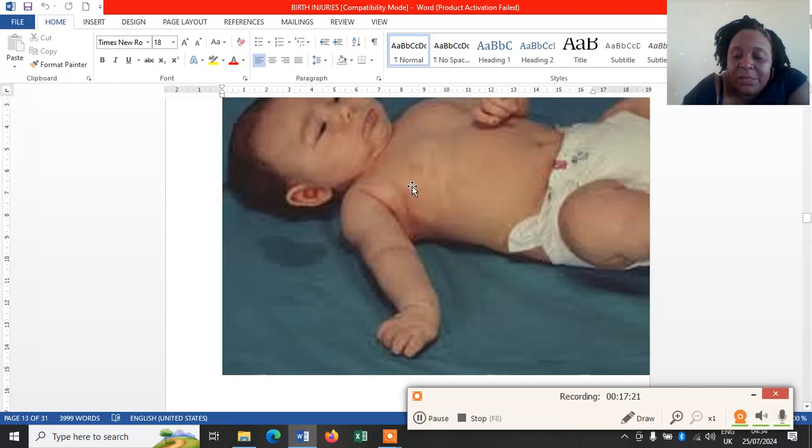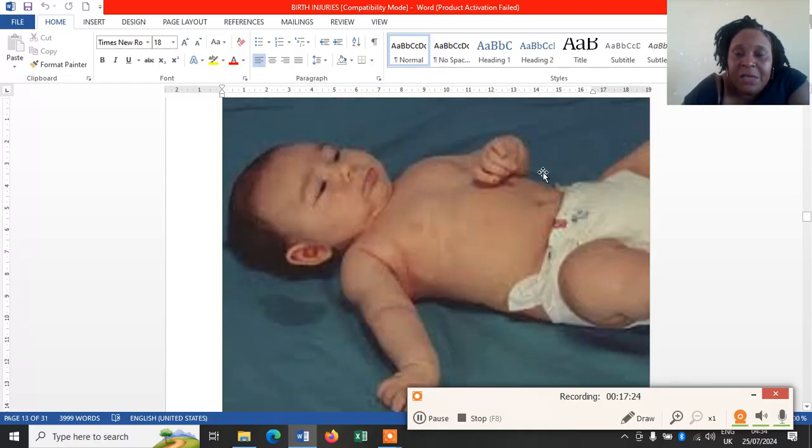In normal cases, after delivery, the baby's hands should be in good position. They should be able to come onto the abdomen like this hand. But now when you look at this hand, when you look at this wrist, the wrist is pronated, it is going out. And these fingers are partially closed.